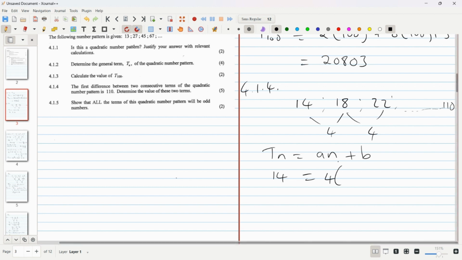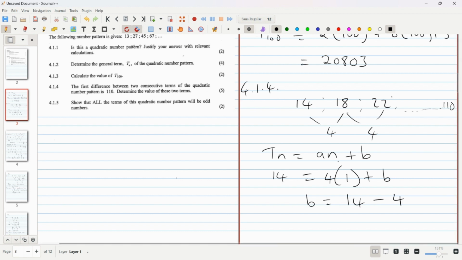We know this 14 is from the first position, and then we can find b. So b will be 14 minus 4, which is 10.